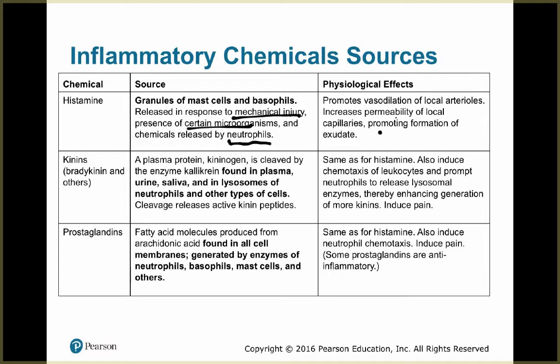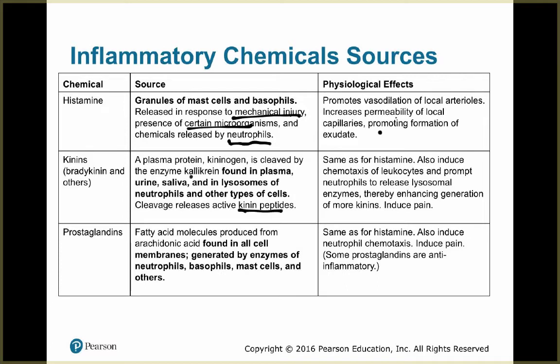Kinins, for example, bradykinins and others. These are small proteins. They're cleaved by this enzyme, kallikrein. It's found in the plasma, urine, saliva, and in lysosomes of neutrophils and other cells. Cleavage releases these kinin peptides.